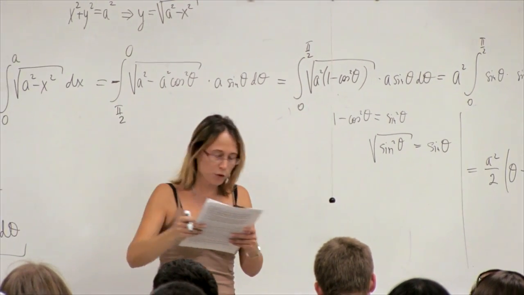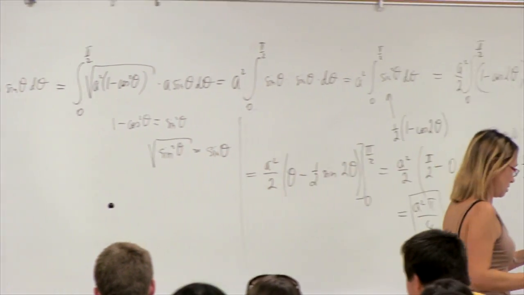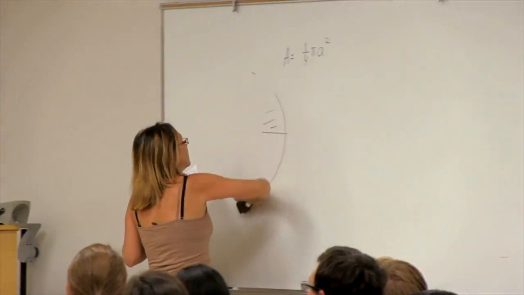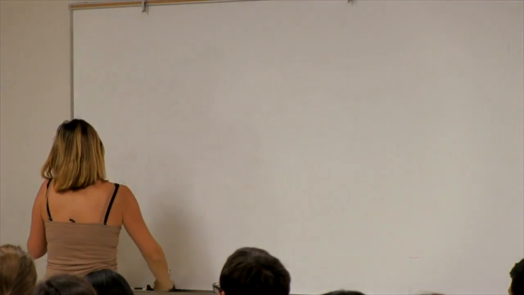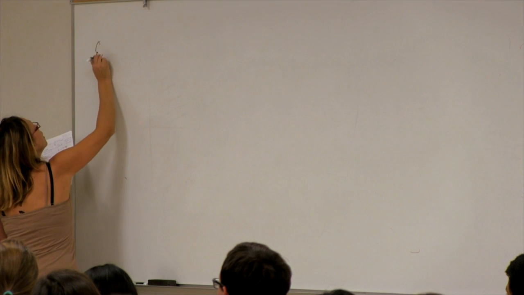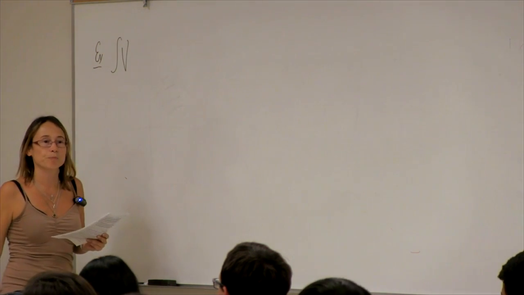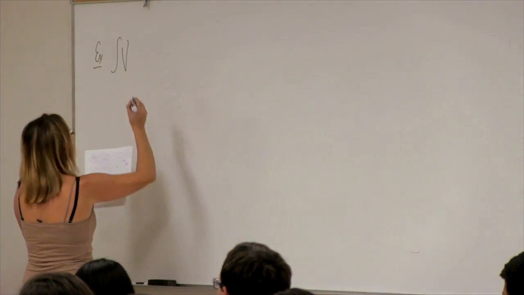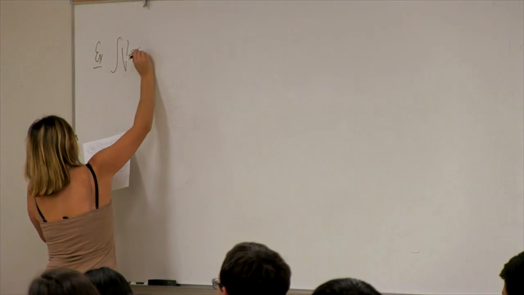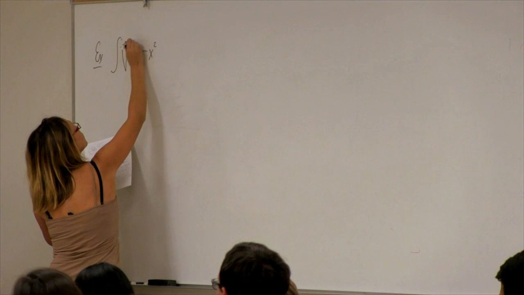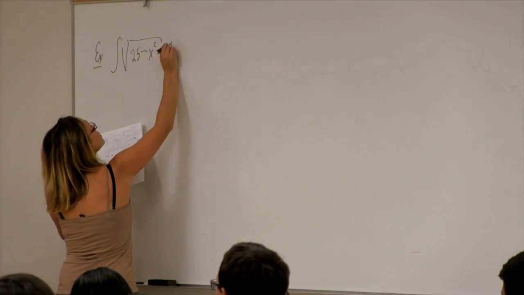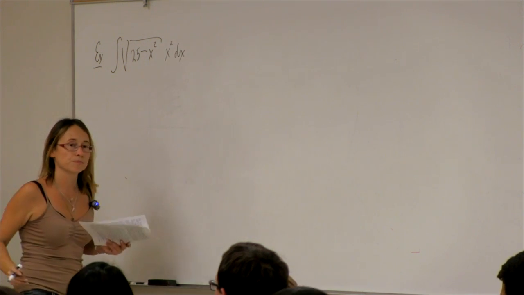So as the first example of this that is less trivial, where we don't know the answer, right? We consider the following integral. So let's make it an indefinite integral. And we have the square root of 25 minus x squared dx.